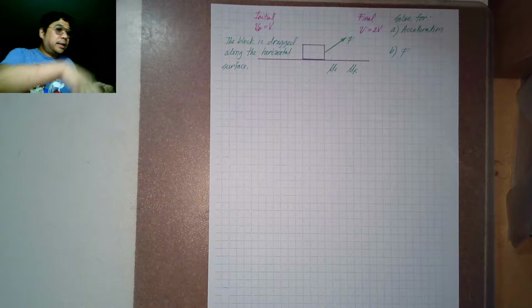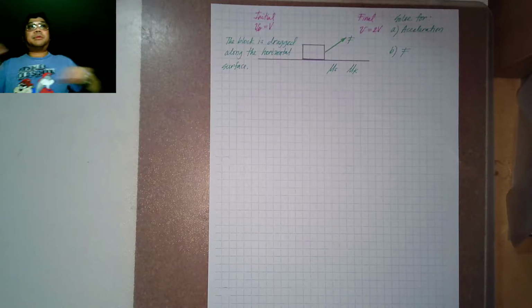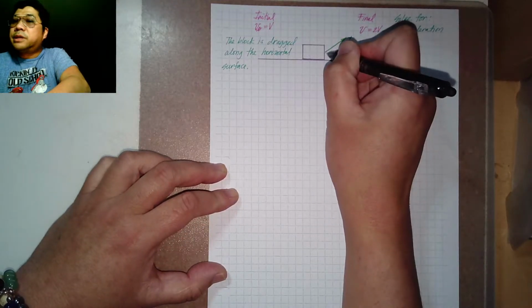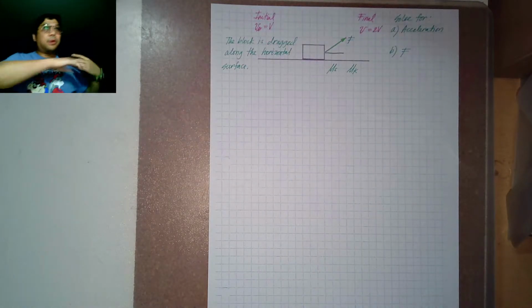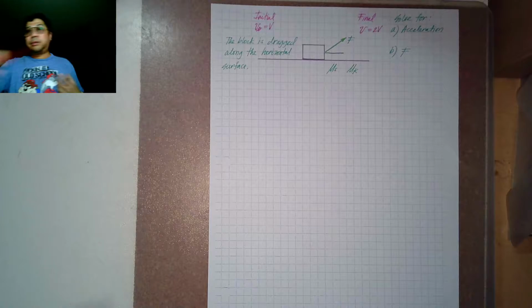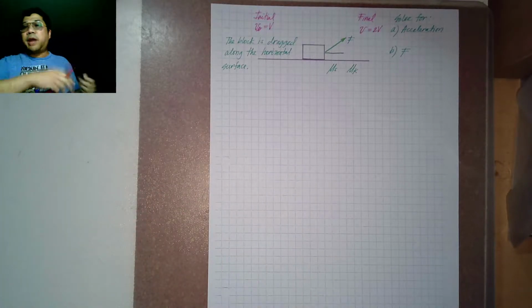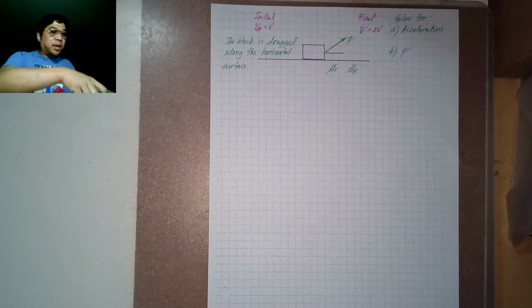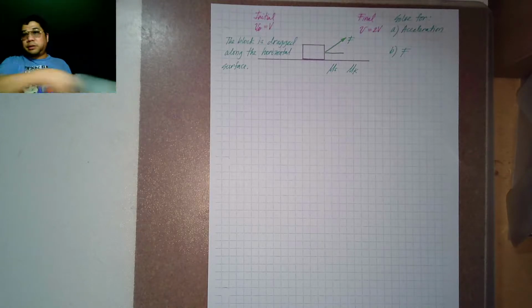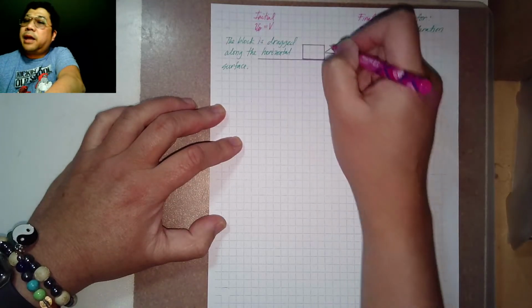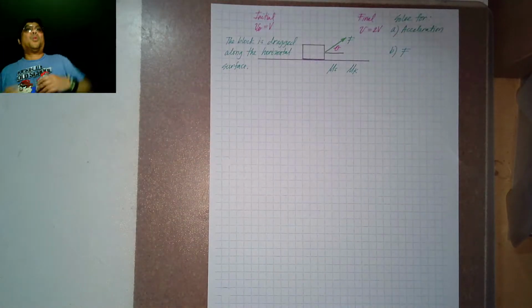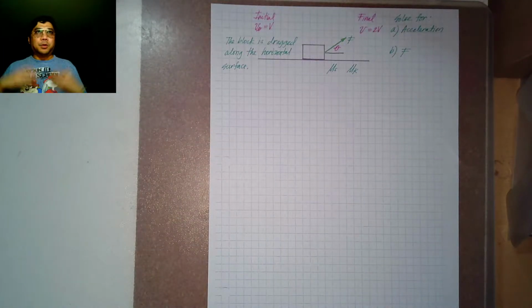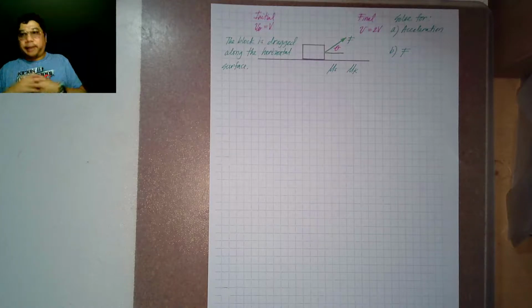And as you observe in our illustration, the force is not applied along the horizontal axis, even though according to the problem, the block is being dragged along the horizontal surface. It is dragged at an angle, and the angle is measured along the horizontal axis.